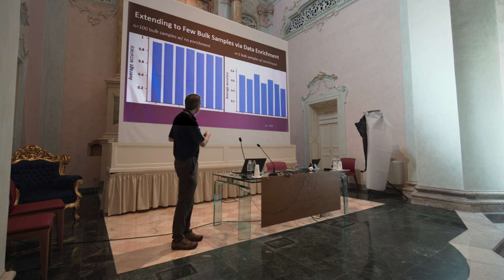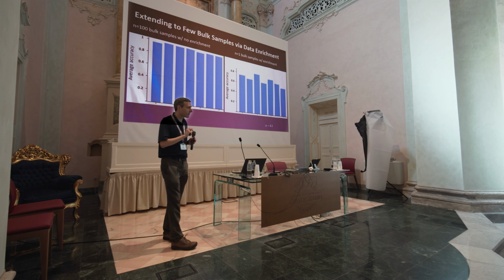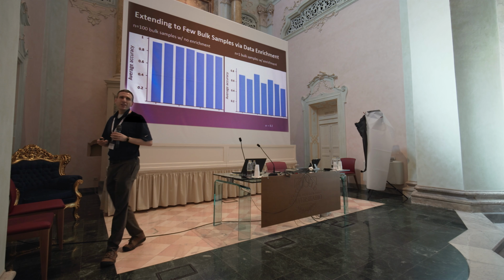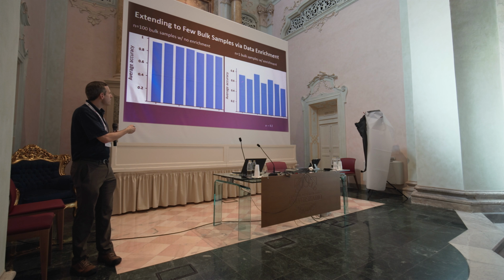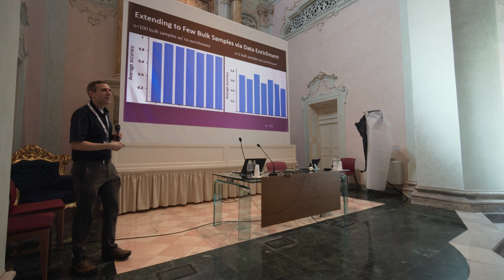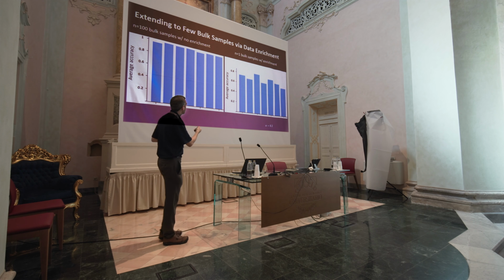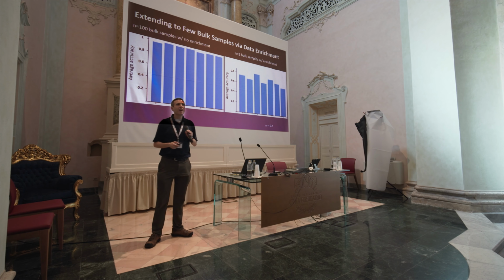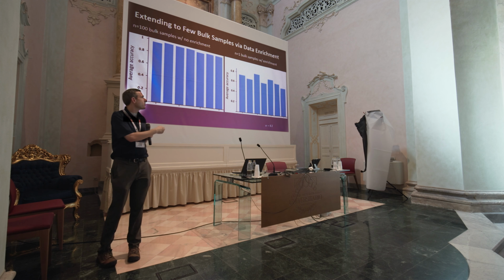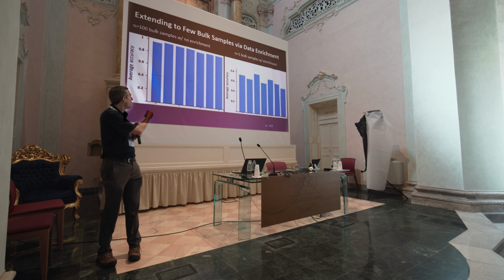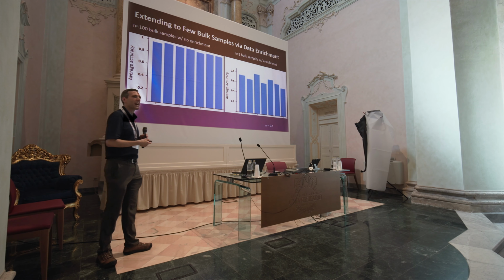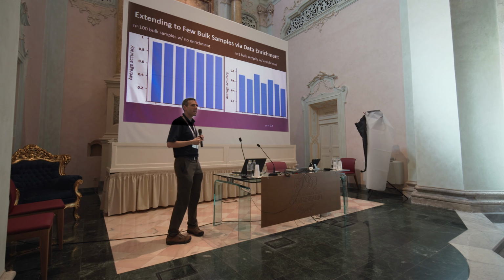And this again is a very early result. I wouldn't put a lot of stock in it, but the key point is that you can use this kind of enrichment strategy to get decent results, even from purely copy number data with just a single mixed sample, although you lose a lot relative to what you would get with large numbers of regions.